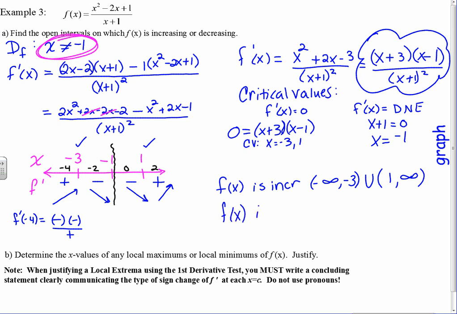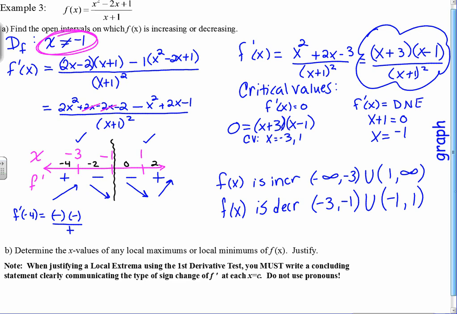Where is it decreasing? It is decreasing in that middle region, but because -1 is not in the domain, we need to use open intervals on -1. So I'll also have to write this as a two-part interval and join it with a union symbol.